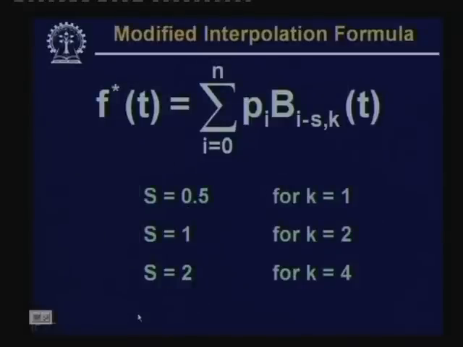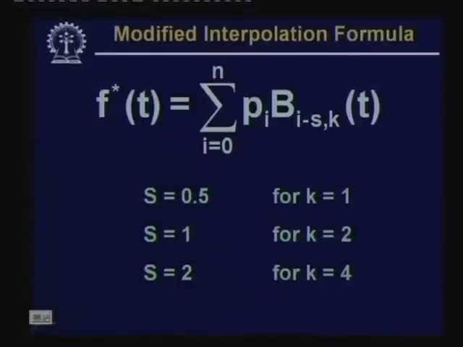So, to solve this problem, what we do is, instead of using the simple formula, that is f t equal to summation p I b I k t, where I varies from 0 to n, we slightly modify this interpolation formula. We make, say, f star t is equal to summation p I b I minus s k t, where again I varies from 0 to n.